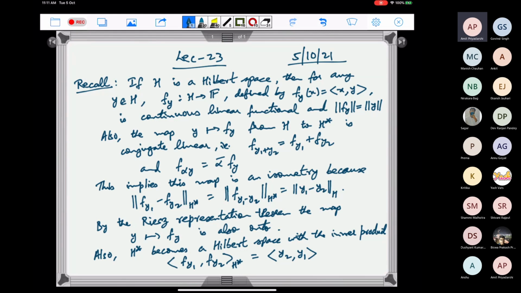Then you can check that this defines an inner product on H star, and also this induces the norm of H star.